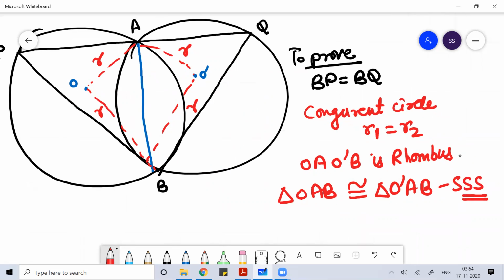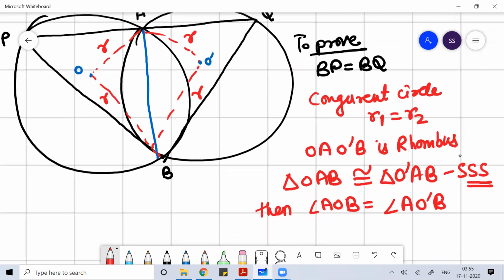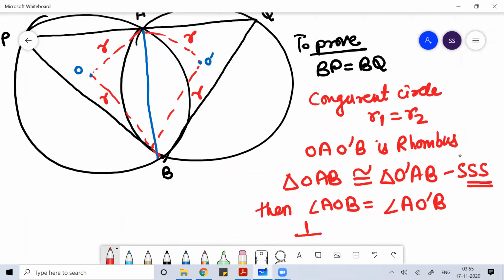So if they are congruent, then angle AOB will be equal to angle AO dash B. So they are equal, and that means they are the double of angle APB.